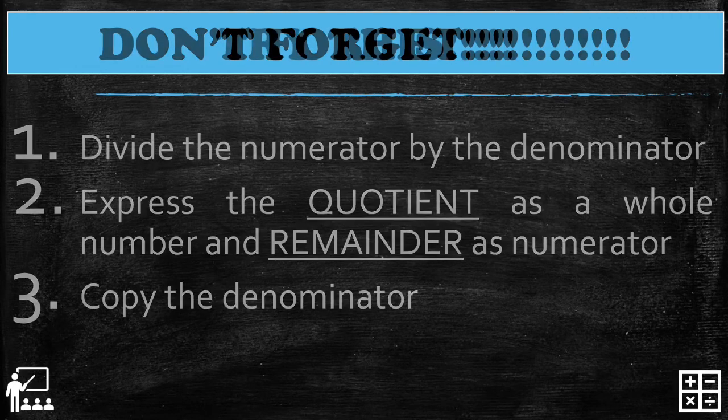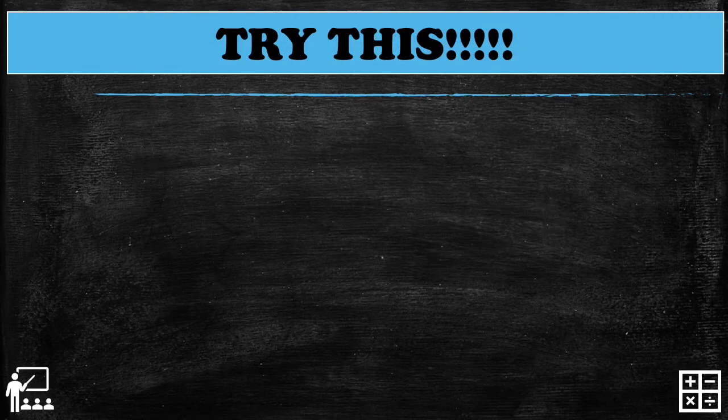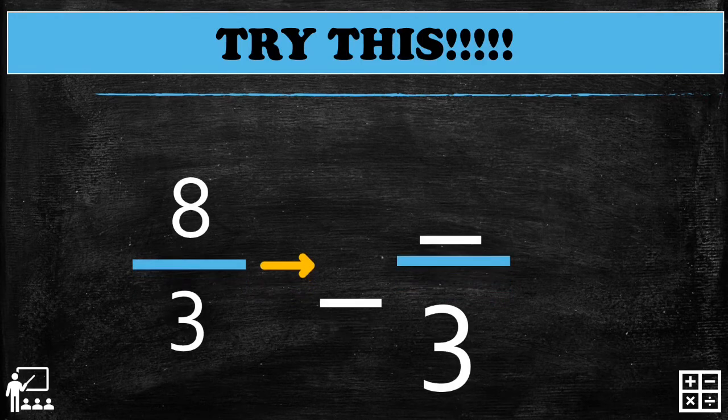Okay, try this one: 8/3. I'll show you the denominator for the last step, so just do step 1 and step 2. I'll give you 20 seconds to give your answer. Your 20 seconds starts now.